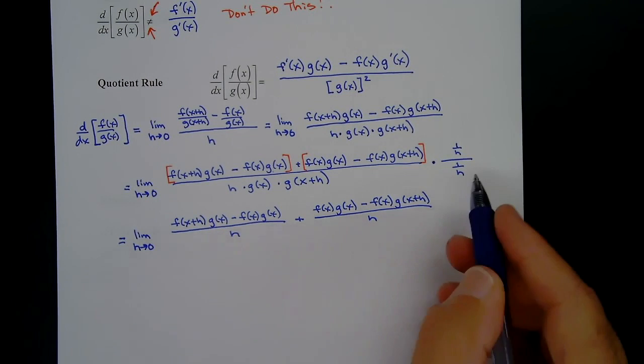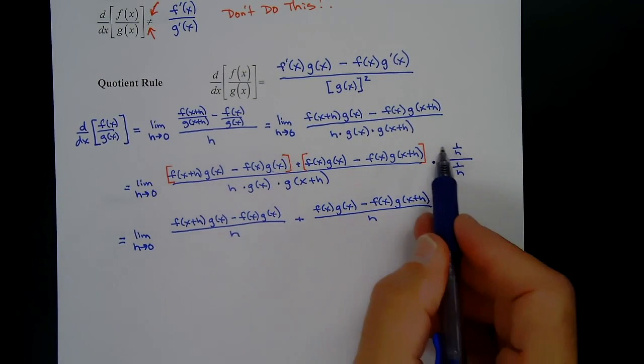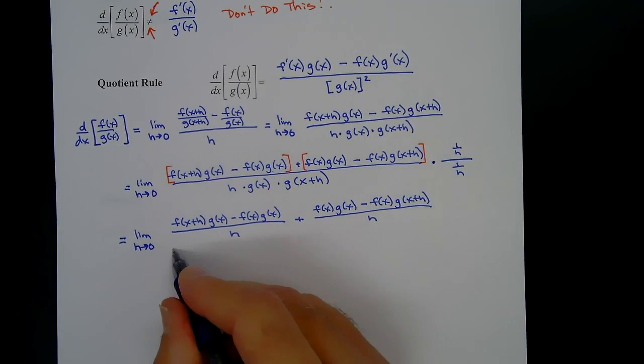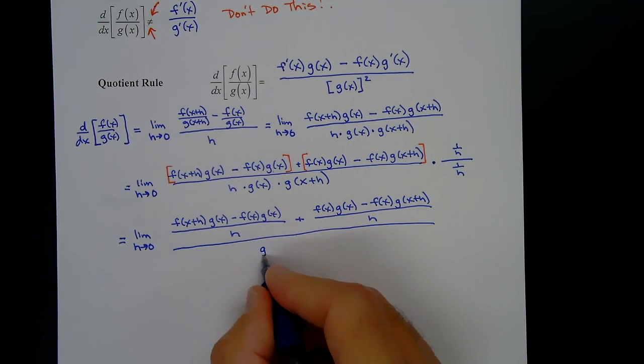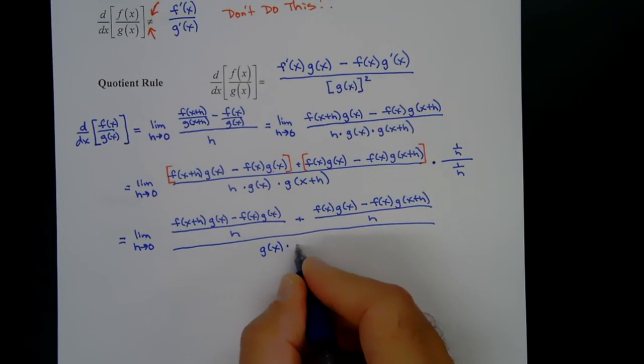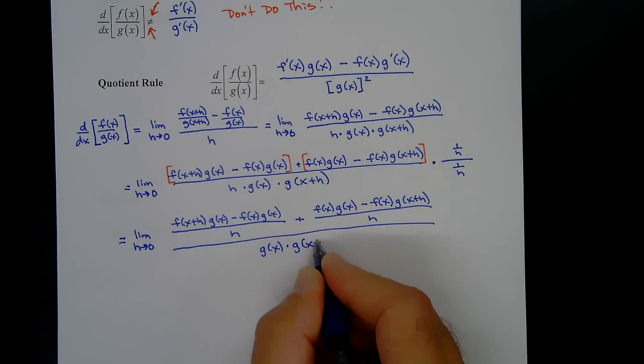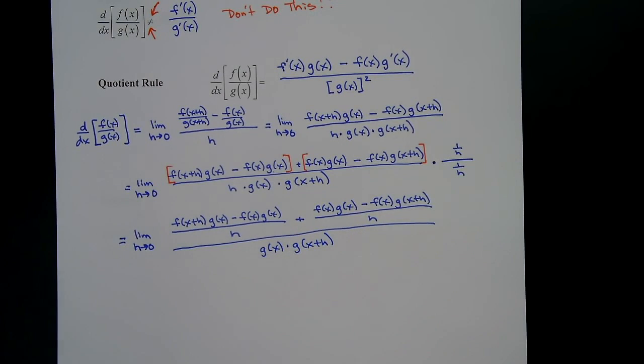And then because I need to distribute that with this and with this, all over, this just becomes g of x times g of x plus h.